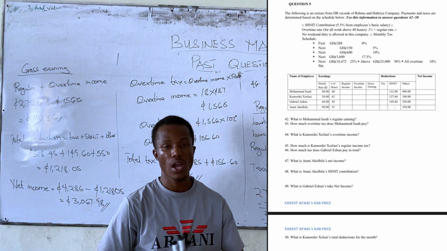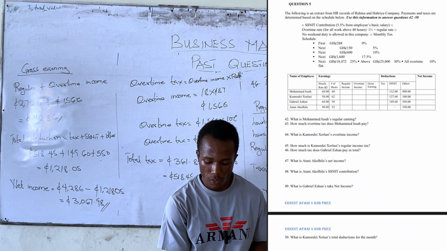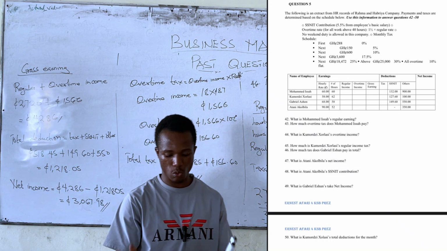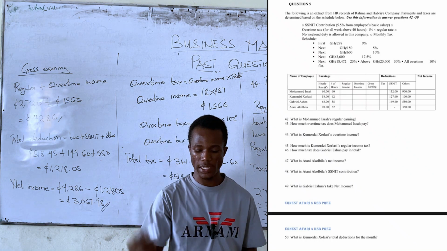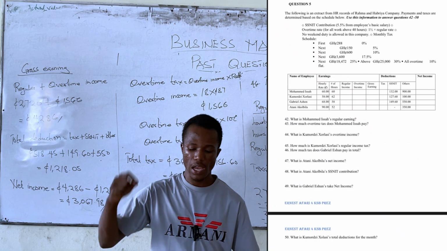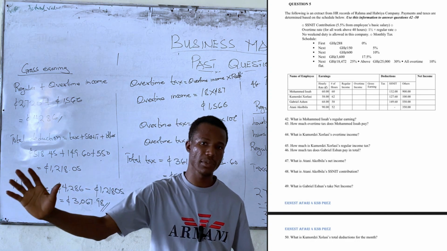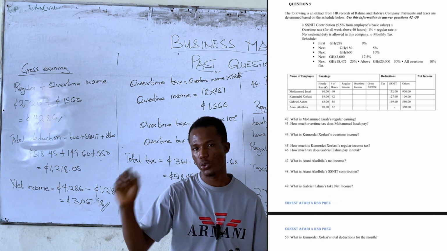Then you add your others. Okay, so I'm just giving that of Atani Akobila's question to you. That is question 47 and 48. Kindly solve it and provide the answer. Then you just write Akobila's net income equal to, you give me the figure. Akobila's SNET contribution equal to, you give me the figure.